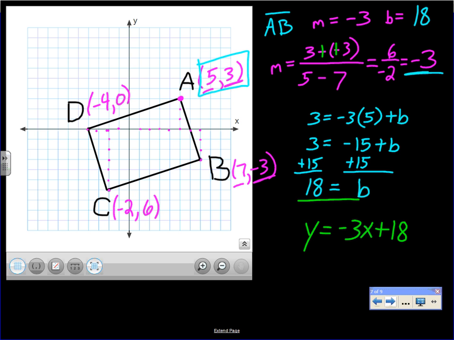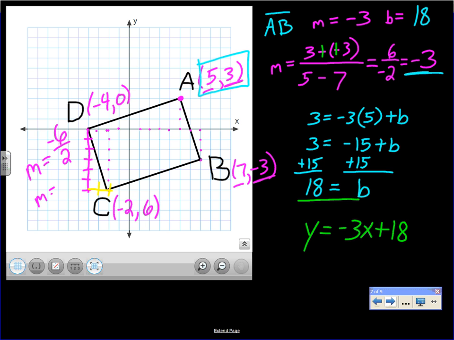Looking at this one here, since this is on a graph, we can calculate slope. The slope is the change in y, and the change in y here is 1, 2, 3, 4, 5, 6, and it went down, so it's a negative, over the change in x, and the change in x is 1, 2, and that went to the right.